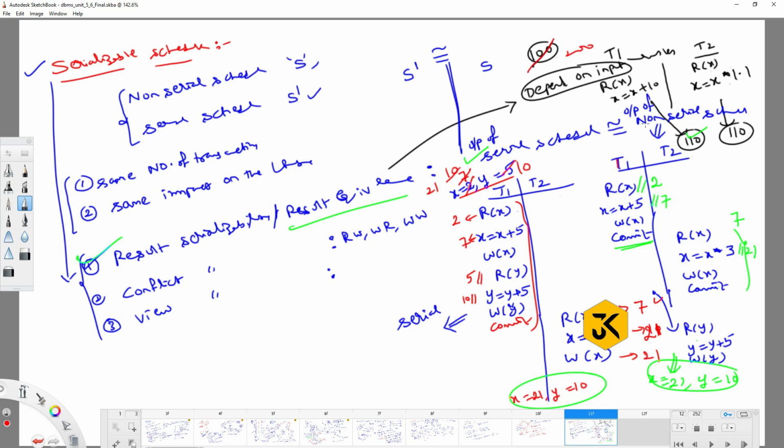If you do 200, what might be the result for the first operation? 210. What about the second operation? 220. Meaning that for certain inputs it is going to be satisfied, but for other inputs it is not going to work. That is the problem with result serializability. So at the end, if the results are the same, I can say that they are result equal. But the problem here is they are highly dependent on inputs. The variables you are using are going to affect it also.